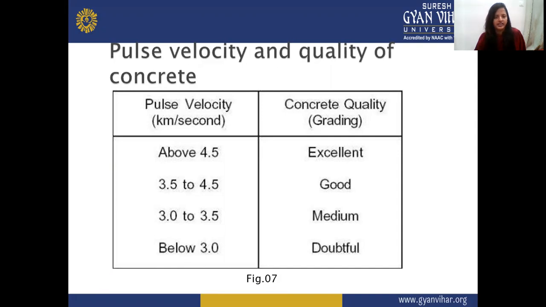The quality of concrete is determined as per this table. If the pulse velocity is above 4.5, it is excellent. If it is between 3.5 and 4.5, it is considered good. If it is between 3 and 3.5, it is considered medium. And if it is below 3, it is considered doubtful, or the structure is considered weak.